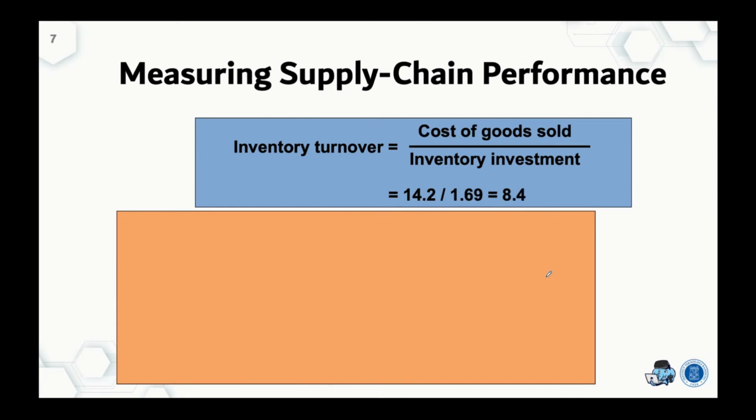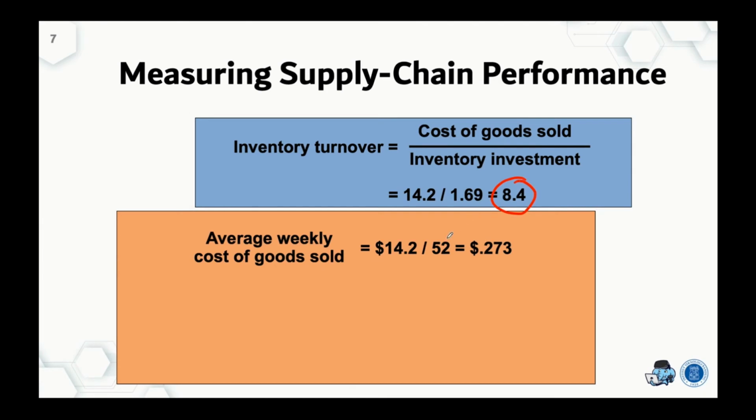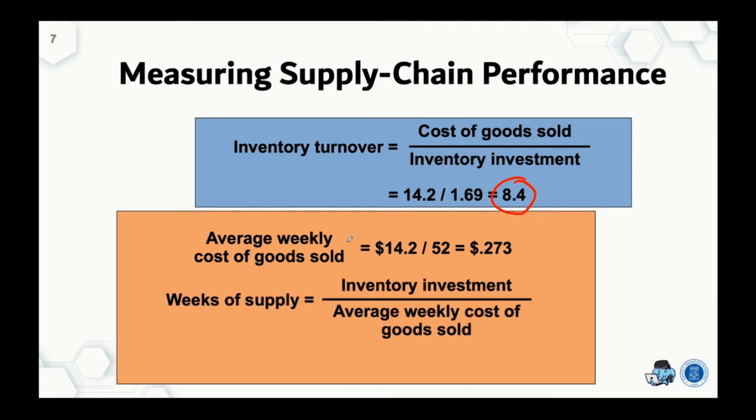For example, we have these numbers here. The inventory turnover for the company is, for example, 8.4, and then the average weekly cost of goods sold, we simply divide the cost of goods sold by the number of weeks per year, resulting in this much.